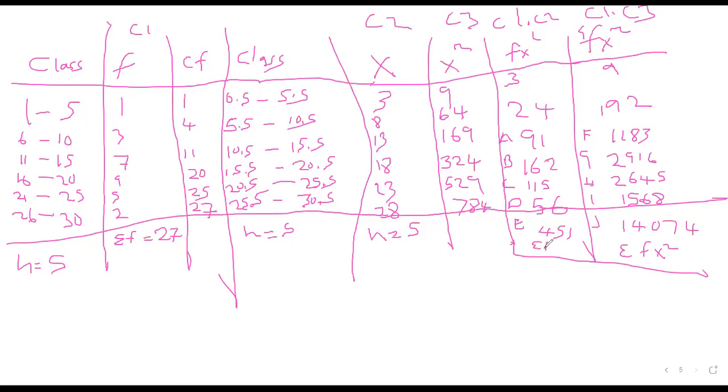The summation of fx. So to find the mean, our mean is simply summation of fx over summation of f. So 451 divided by 27. What are you getting? 16.70.